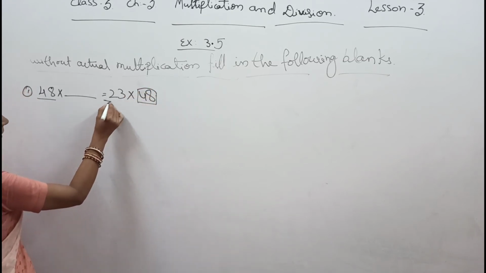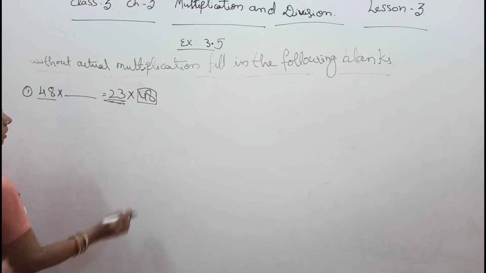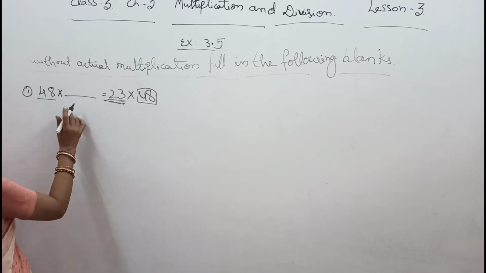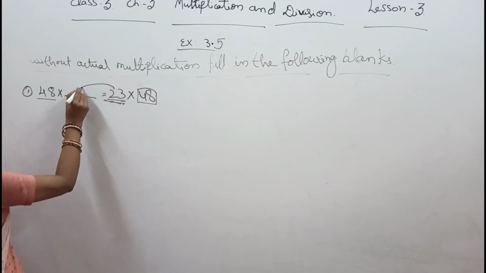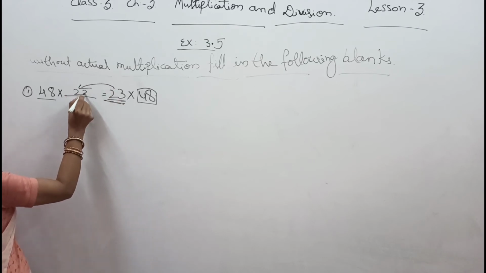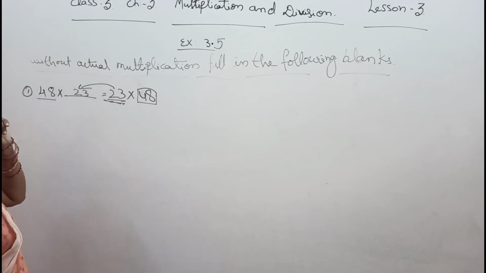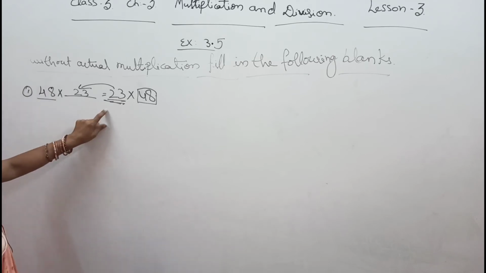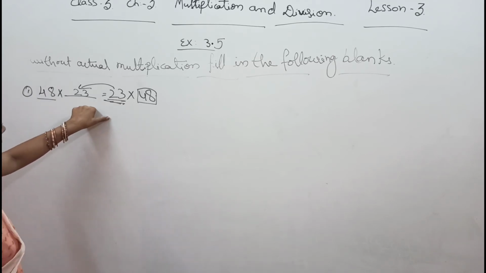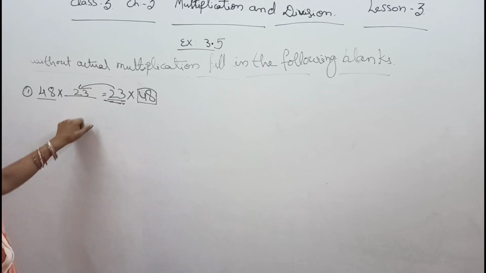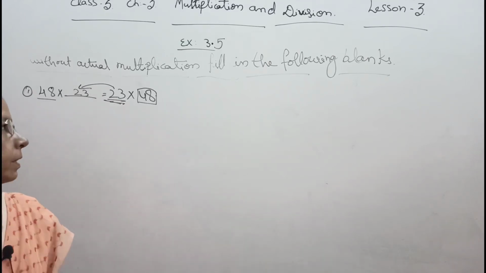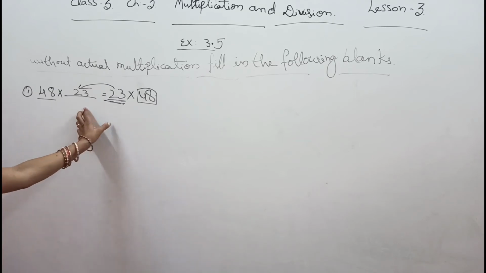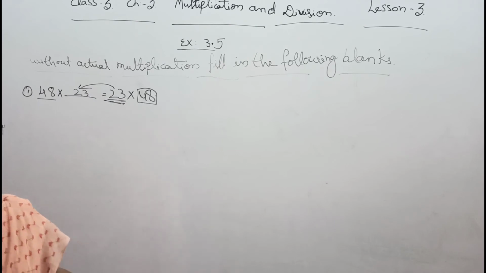Now the left number is this one, the left number is 23, then simply transfer it here only, that is 23. Like this you can fill the blanks easily by seeing the numbers before and after, or by seeing that property that is given in the question. It means it is a commutative property.